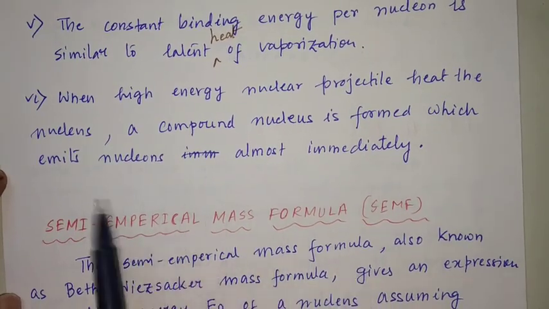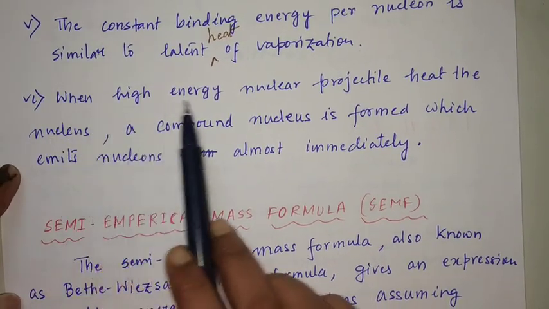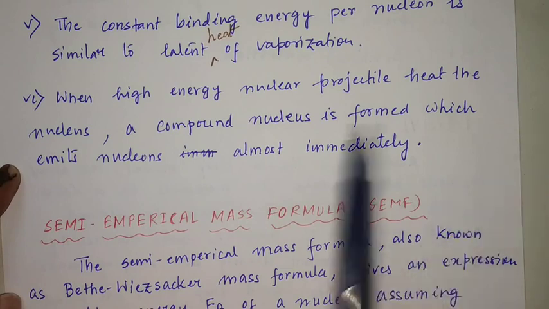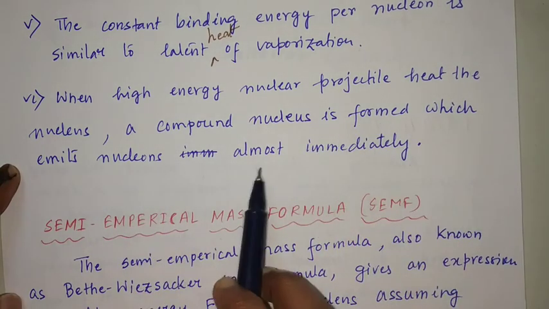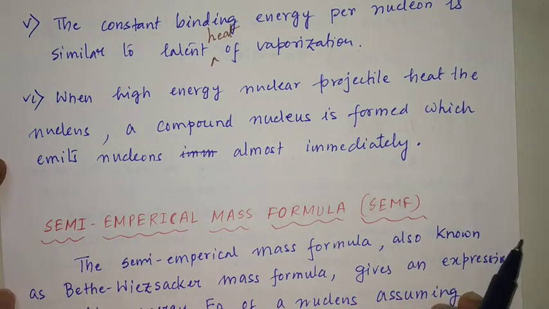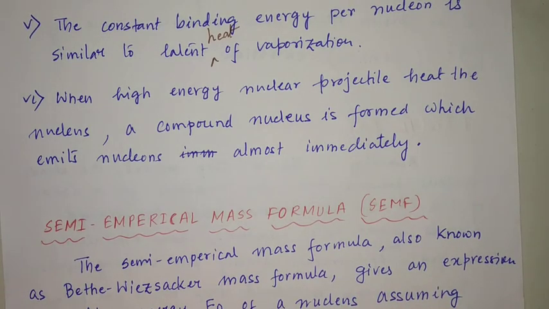Another property is that when a high energy nuclear projectile hits the nucleus, a compound nucleus is formed which emits nucleons almost immediately. Okay. So when a high energy projectile, suppose there is one nucleus and you hit the nucleus with a target neutron. A neutron comes with a very high speed and hits the nucleus.